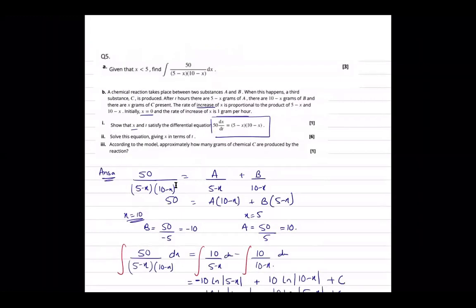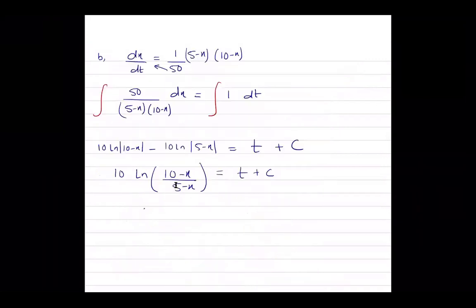Yes, you're right. Initially means at time t equals to 0, x is 0. So c comes out to be 10 ln 2.